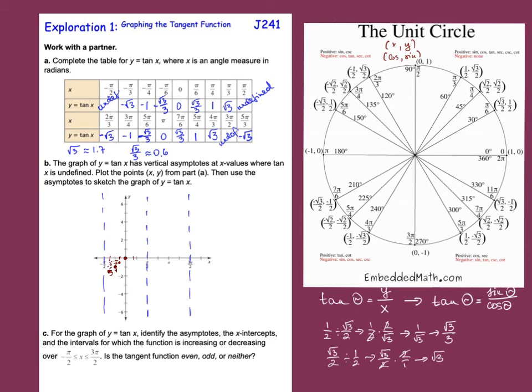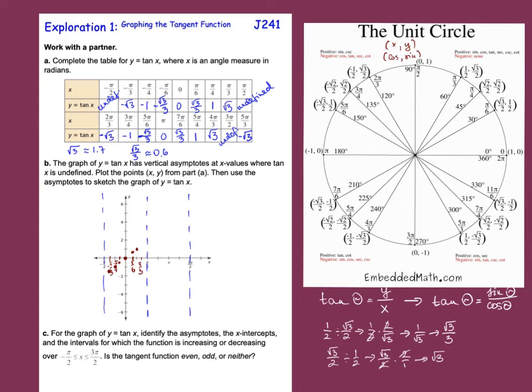Then again, pi over 6 is about here. And then I need to graph 0.6. So the point is approximately here. And then at pi over 4, I need to graph 1. So 1 is about right here. And at pi over 3, I need to graph root 3.